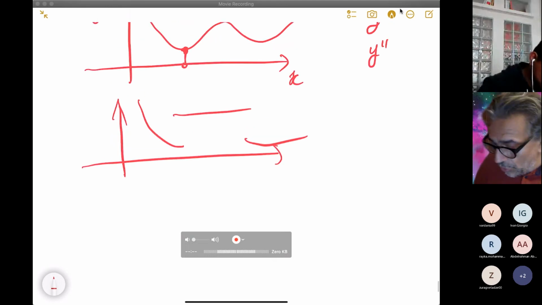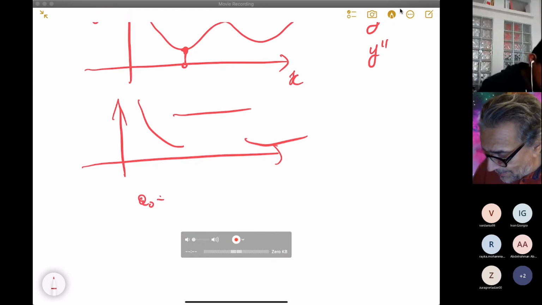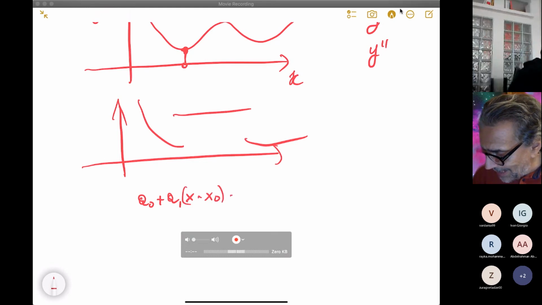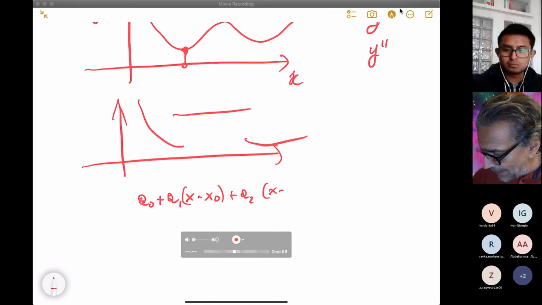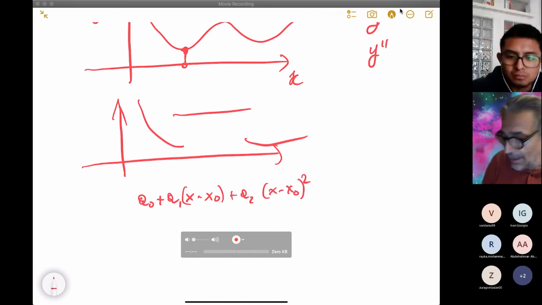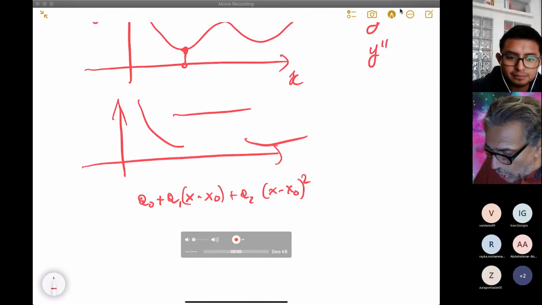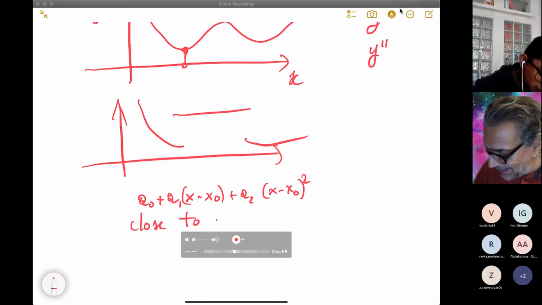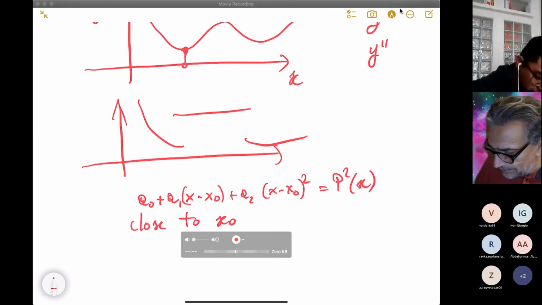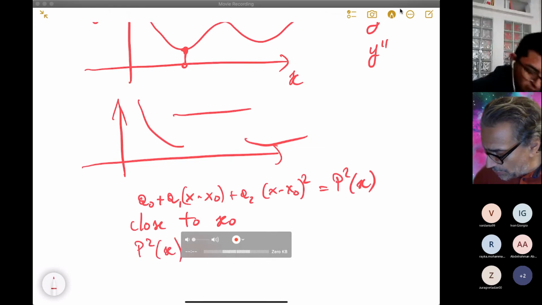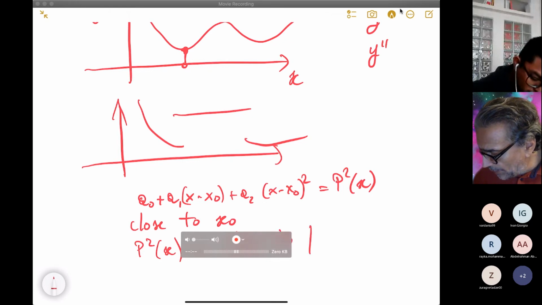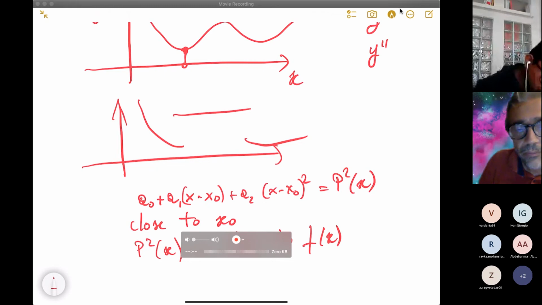So you want to find a polynomial a0 plus a1 (x minus x0) plus a2 (x minus x0) squared, and you want that close to x0 the polynomial p2 of x is close to f of x.